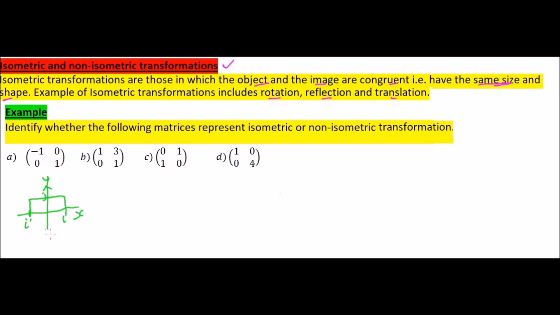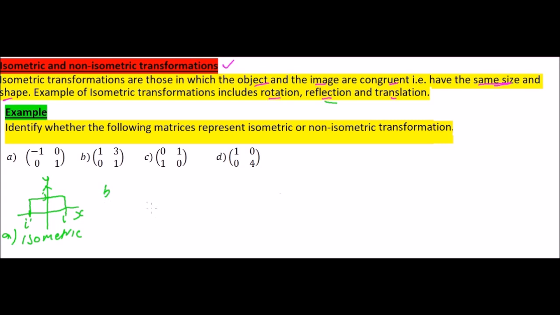It is a reflection. We have mentioned up here that reflection is isometric. So this matrix A represents isometric transformation, not non-isometric transformation.